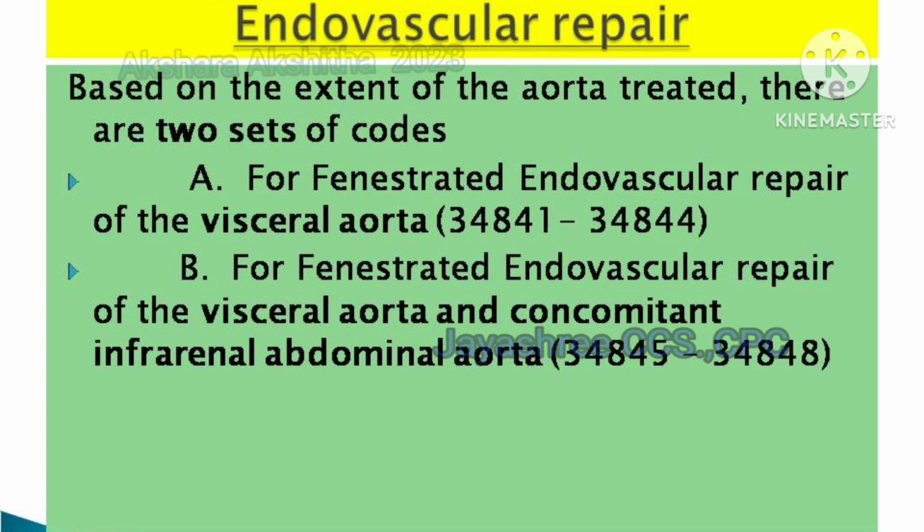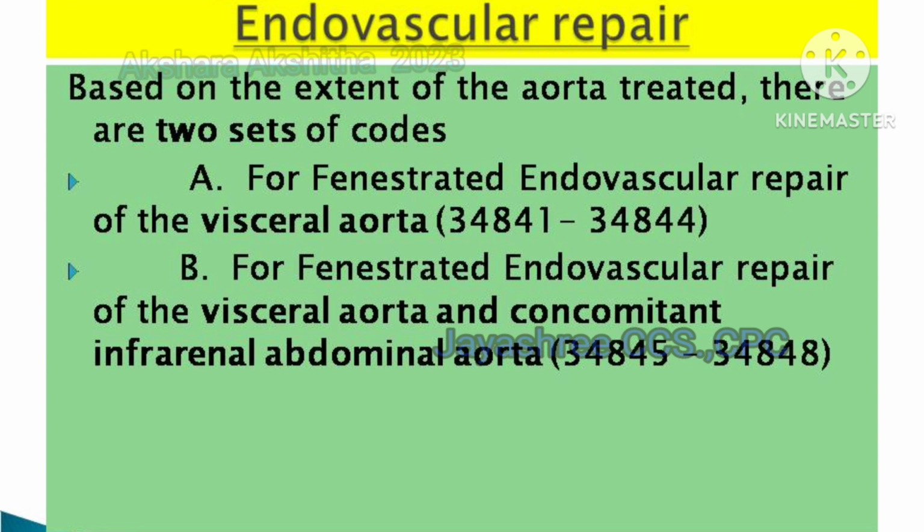For fenestrated endovascular repair of the visceral aorta and concomitant infrarenal abdominal aorta, the code range is from 34845 to 34848. So for these sets of codes, they differentiated here.